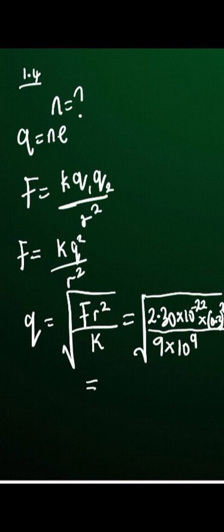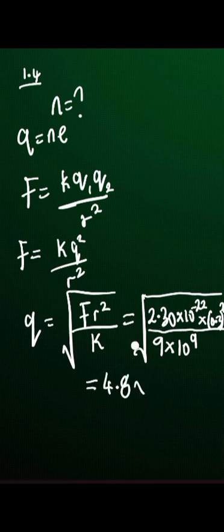That will give you 4.7 or 4.8 times 10 raised to power minus 17. So you have 4.8 times 10 raised to power minus 17.